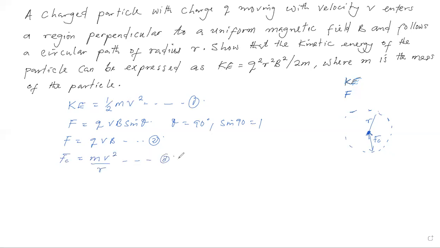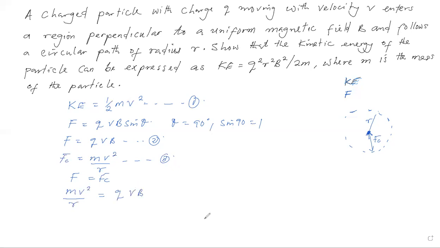So for the particle to continue moving, this magnetic force and the centripetal force must be equal. So we are saying we're going to have this being equal to that, so that we have mv squared over r equal to QVB.